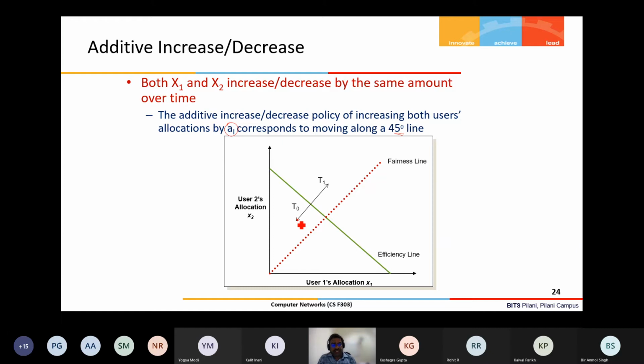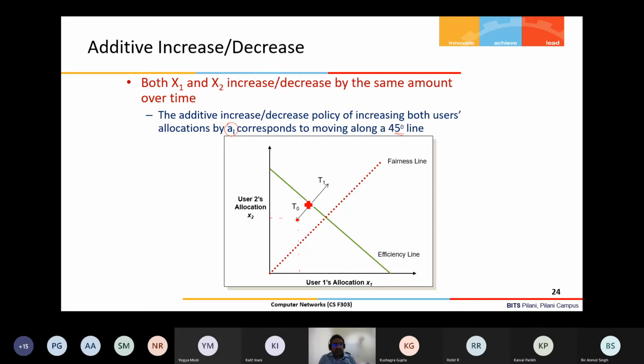Suppose you are here initially. This is below the efficiency line, because this allocation means x1 plus x2 is less than the maximum efficiency which can be achieved. So certainly both connections are supposed to increase their sending rate, like in a probing state.